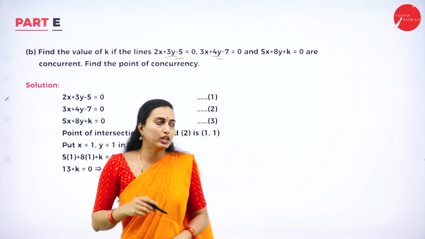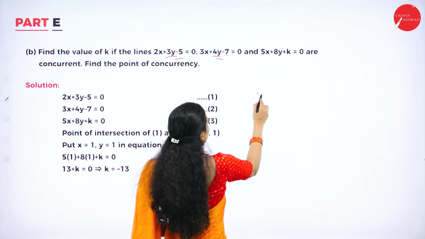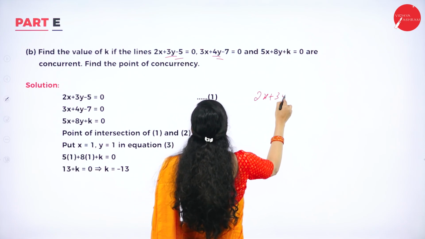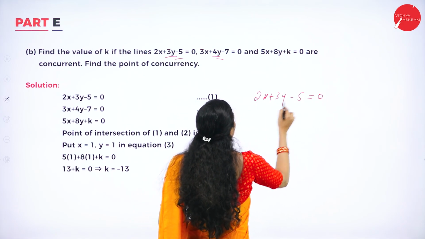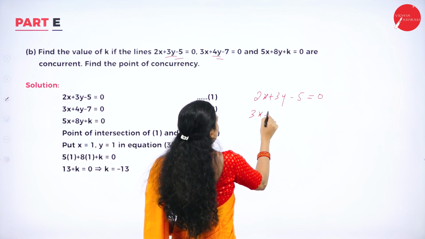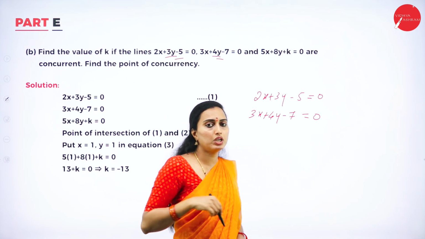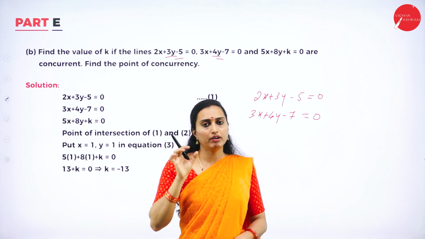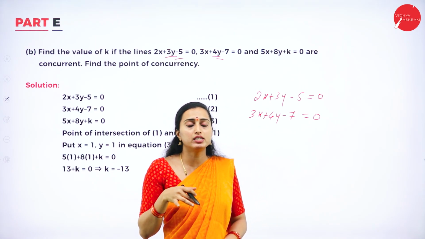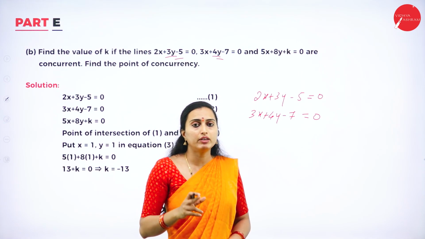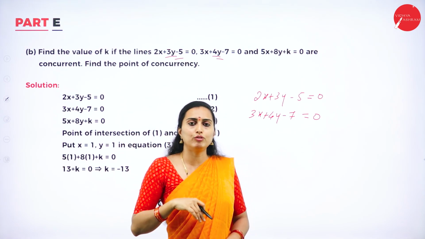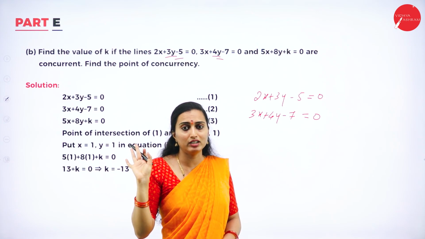That is a very important step: 2x plus 3y minus 5 equal to 0 and 3x plus 4y minus 7 equal to 0. Solving these two equations gives you some x and y value, which is the point of concurrency, and substituting that x and y value in the third equation gives you the value of k. That's what I have done here.